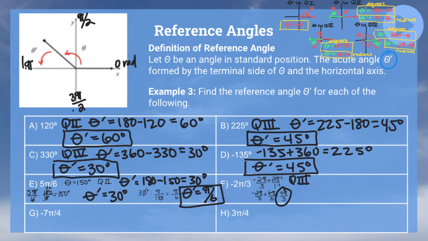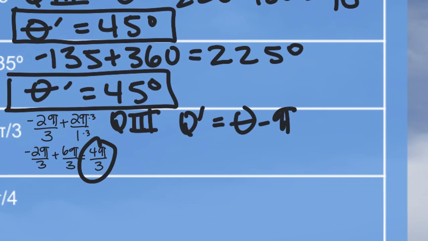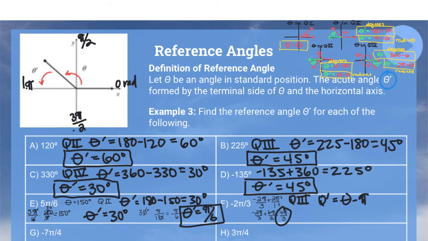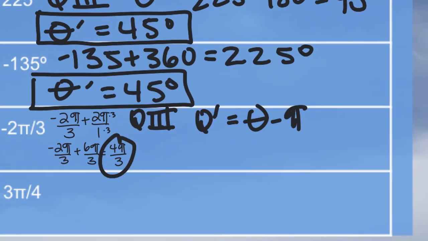And in quadrant 3, we've got theta prime equals theta minus pi. So theta prime equals 4 pi over 3 minus pi over 1.